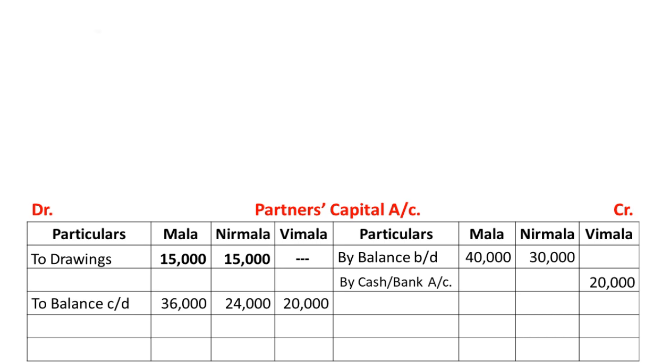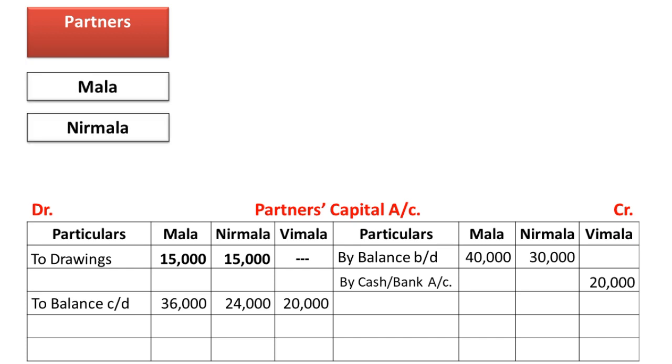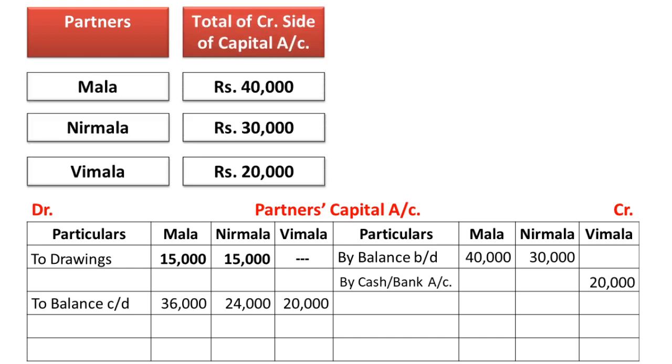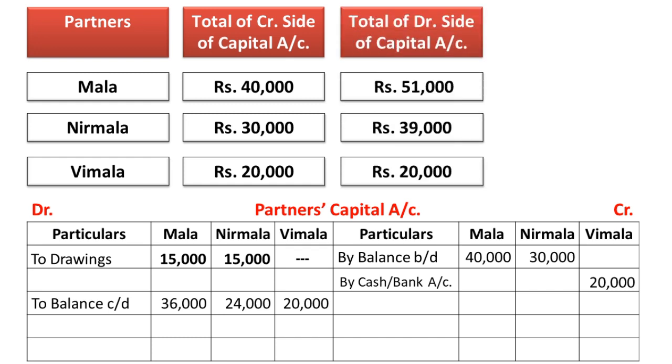Now if we make an analysis of capital account, there are three partners, Mala, Nirmala and Vimala. Total of credit side is 40,000, 30,000, 20,000, but there is a change in the total of debit side now: 51,000 in the column of Mala, 39,000 in the column of Nirmala and 20,000 in the column of Vimala.